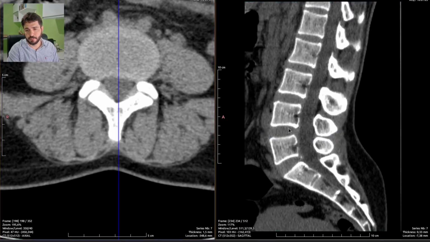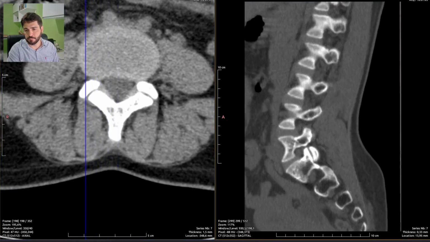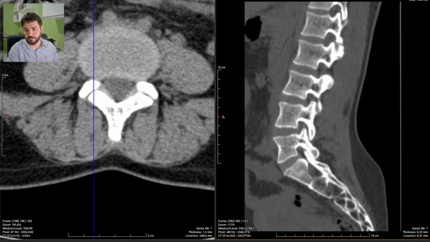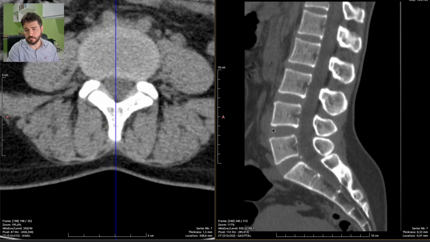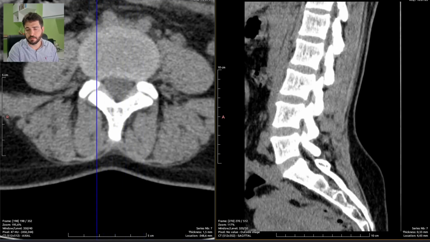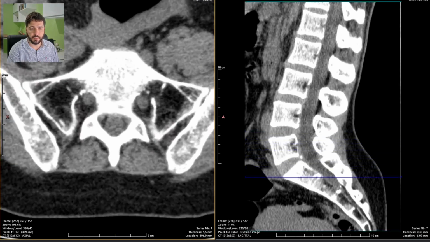So this could justify the foraminal stenosis because the facet joints are normal and the disc is also normal. No signs of protrusion or bulging discs. So let's report that.